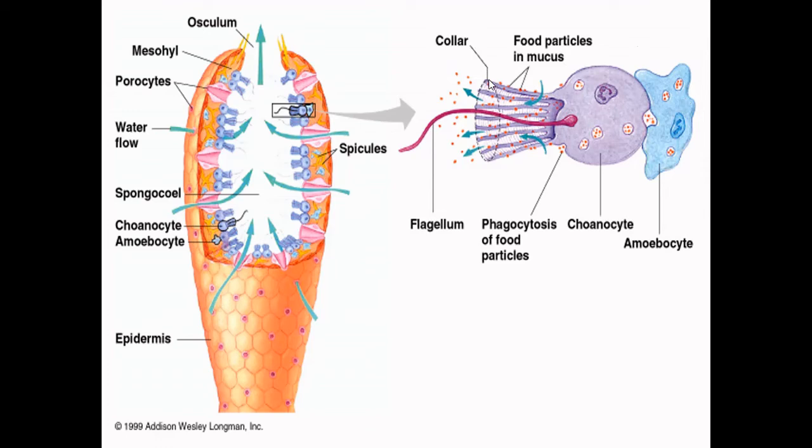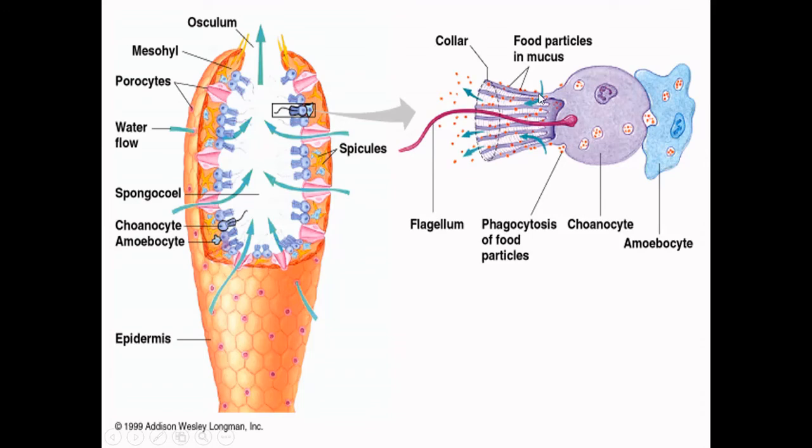choanocytes. So the choanocytes have collar cells. This is how they filter the fragments coming from the water, coming from the porocyte. So the flagellum will turn the water and slowly by its movement, the particulates will be caught by the collar area of the choanocytes.